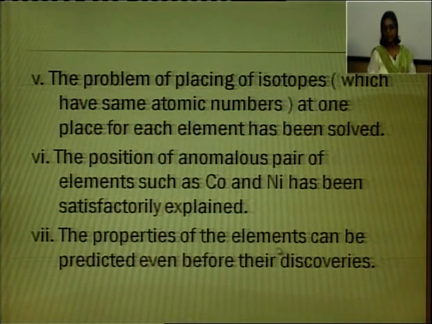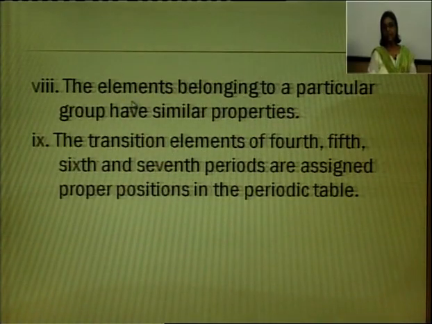Then the properties of elements can be predicted even before their discovery, meaning there were a few empty places, and we could explain the properties of those elements. Then the elements belonging to a particular group have similar properties. Means the elements of the S block have similar properties, of the P block have similar properties, and in the same way D and F have similar properties.